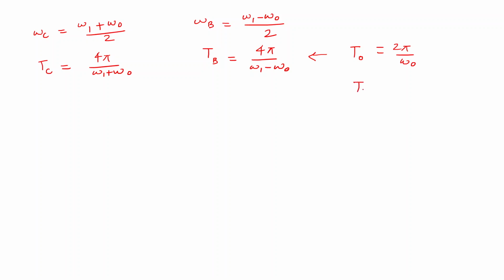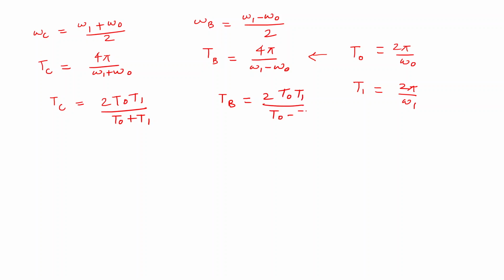Now for the other pendulum, the time period will be 2 pi by omega 1, and the TC value will be here. The derivations you can check from the lecture video. We are just discussing the result, right? Up to T1 divided by T0 minus T1.